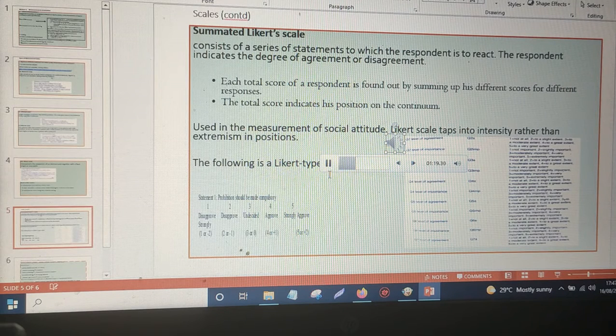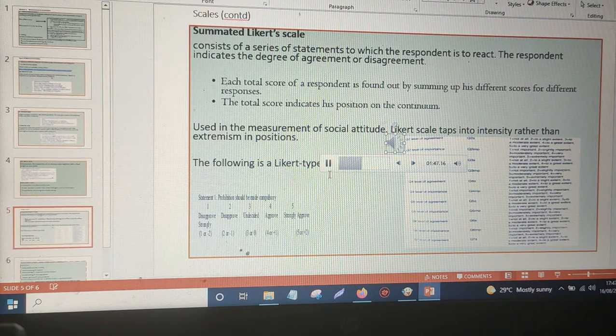You can say undecided 0. Then approve plus 1. Strongly approve plus 2. It depends on how you want to label, because these are just labels, they are not real scores. As I said before, under the qualitative labeling, they only label attitudes and opinions and so on.